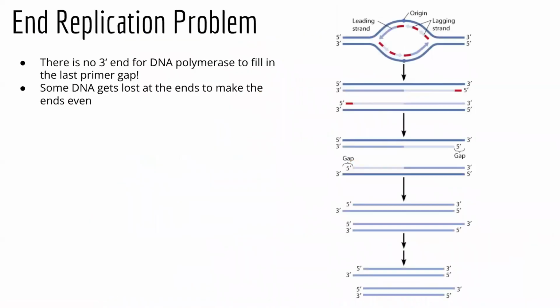So based on this knowledge of adding onto the 3' end, the issue with our chromosomes is that, since they're not circular, at the end of this double-stranded DNA, the bubble is going to get to the end and there's going to be this RNA primer put on by the DNA primase.